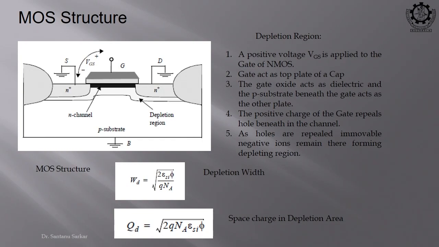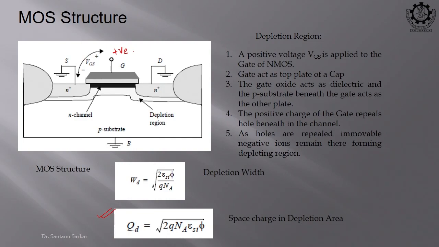So, if we provide a positive gate voltage, then a depletion layer is formed beneath the channel. This is the Q depletion.